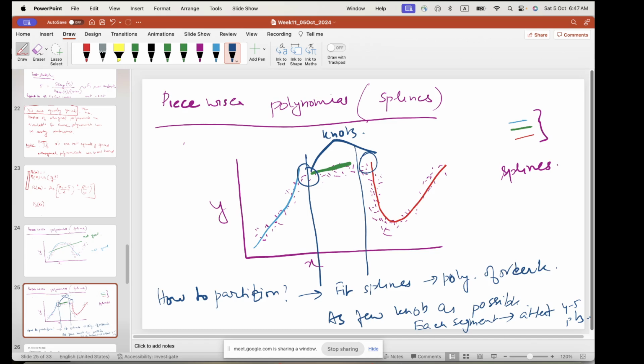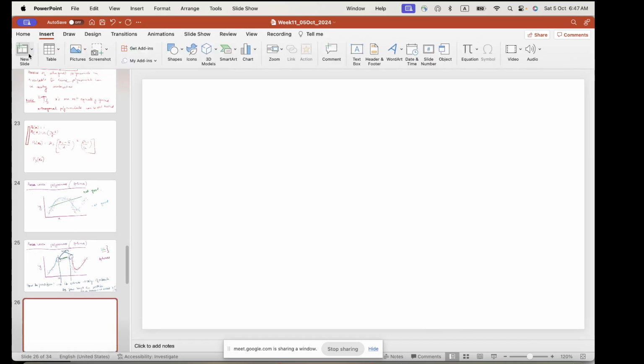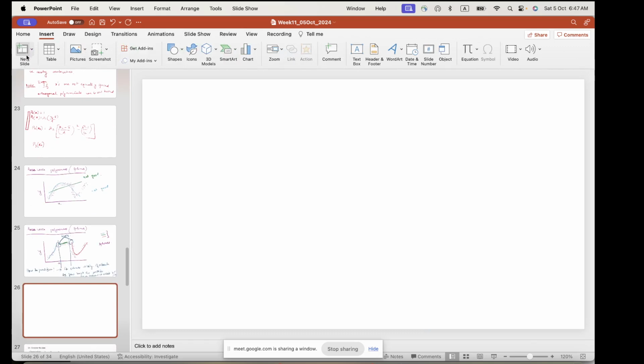We also learnt quite a lot about polynomial models in two or more variables.